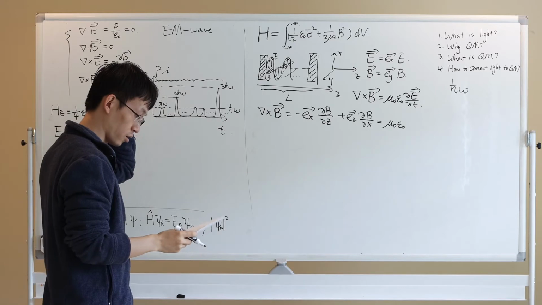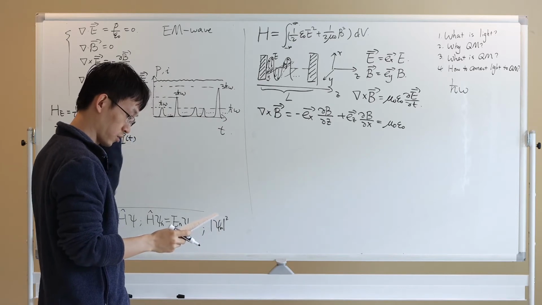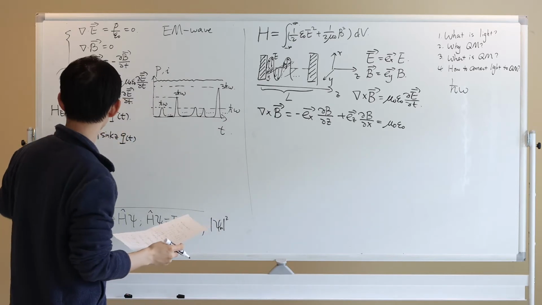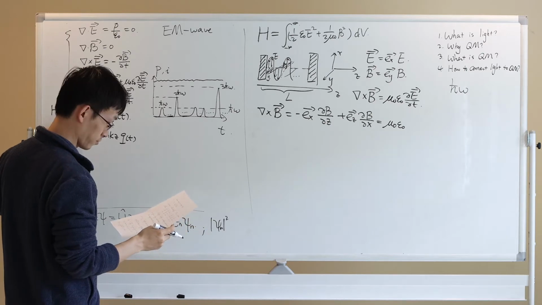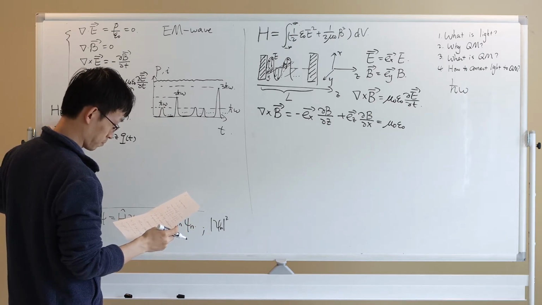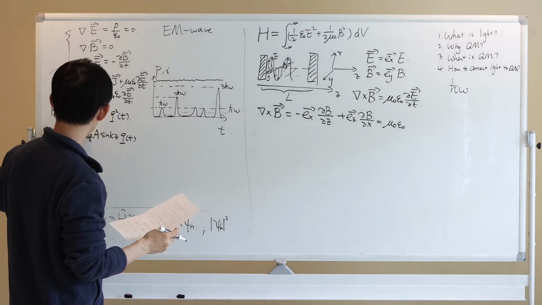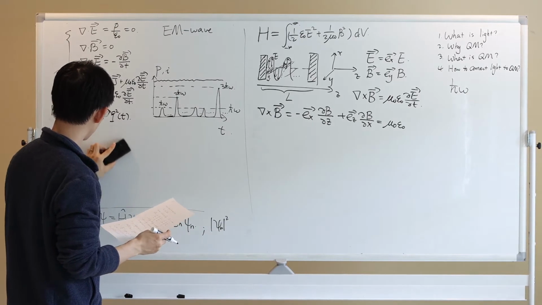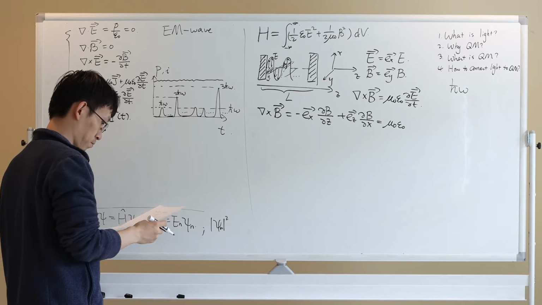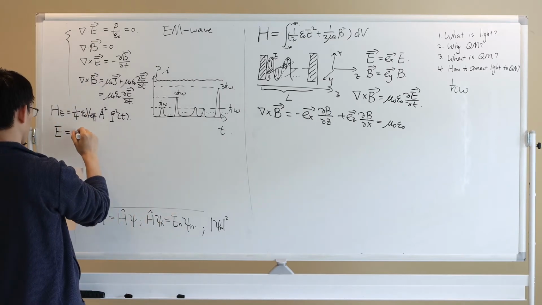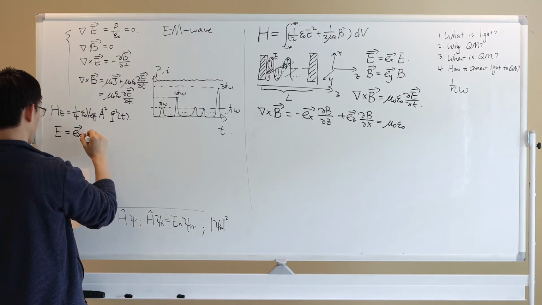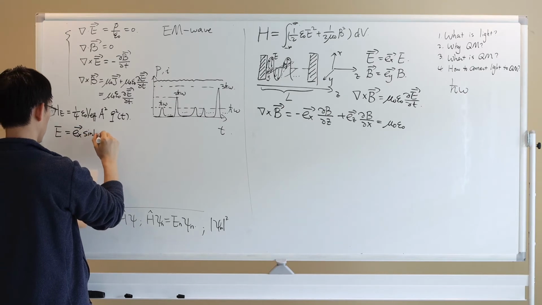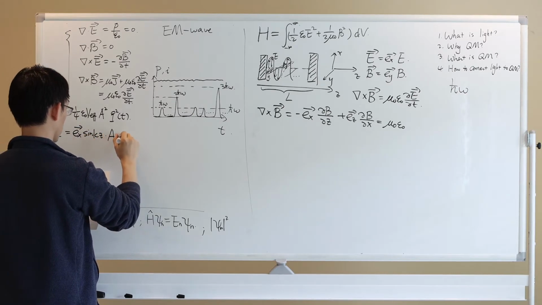And I think there's no 1/2. Okay, there's no 1/2. No, my apology. Sine kz, and then A, and then q t.